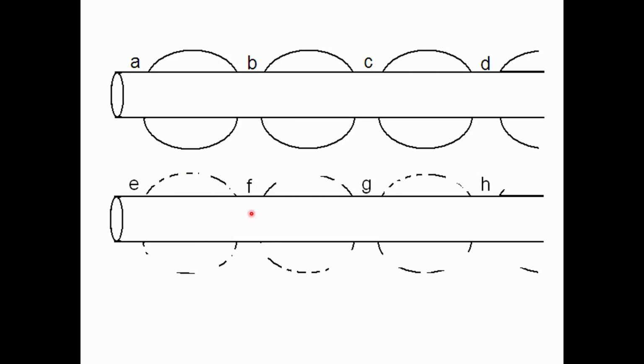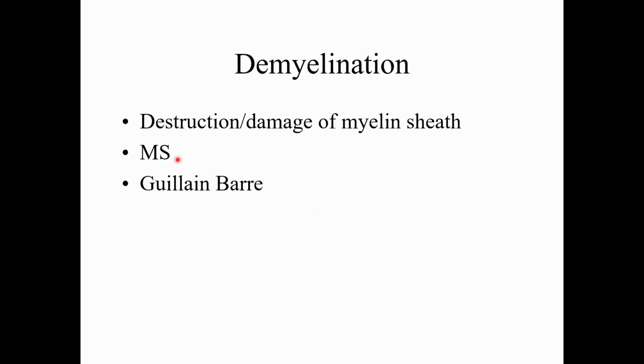And so when you get to subsequent nodes of Ranvier, you might not be at threshold, and the action potential can't travel all the way down the axon. And that can result in muscle weakness. As I'll show you, MS and Guillain-Barré are a couple of examples of demyelinating diseases.